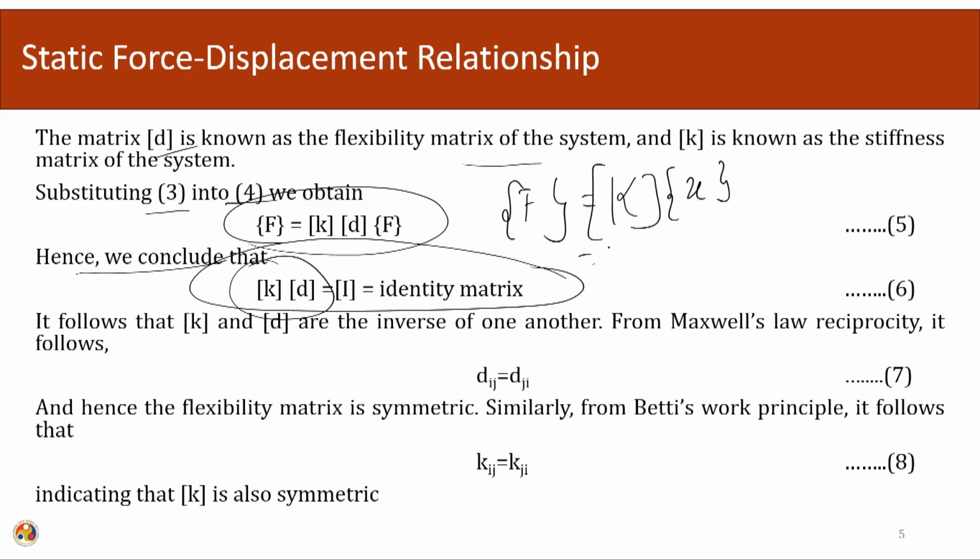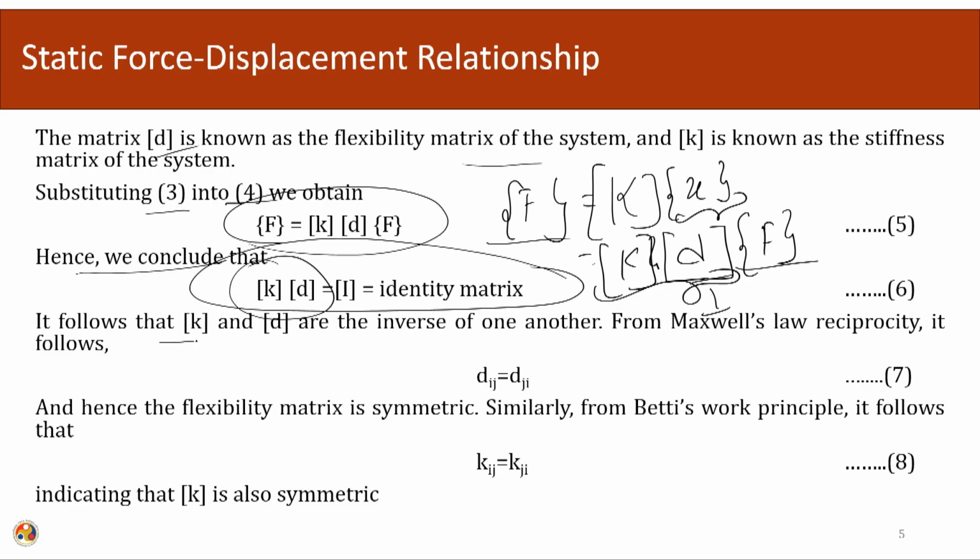This matrix is again given by, so we are getting the force back, which means that this term is the identity matrix. So, K and D should be the inverse of one another.